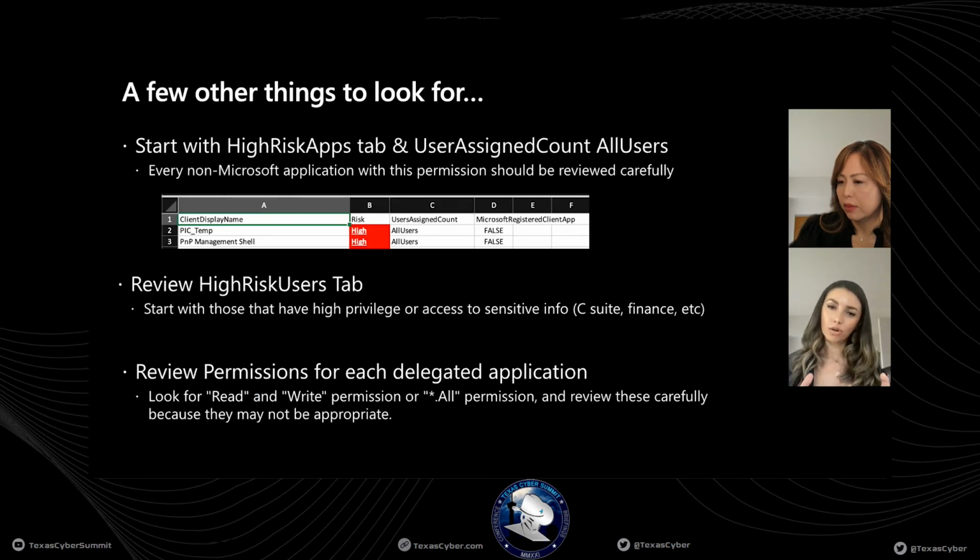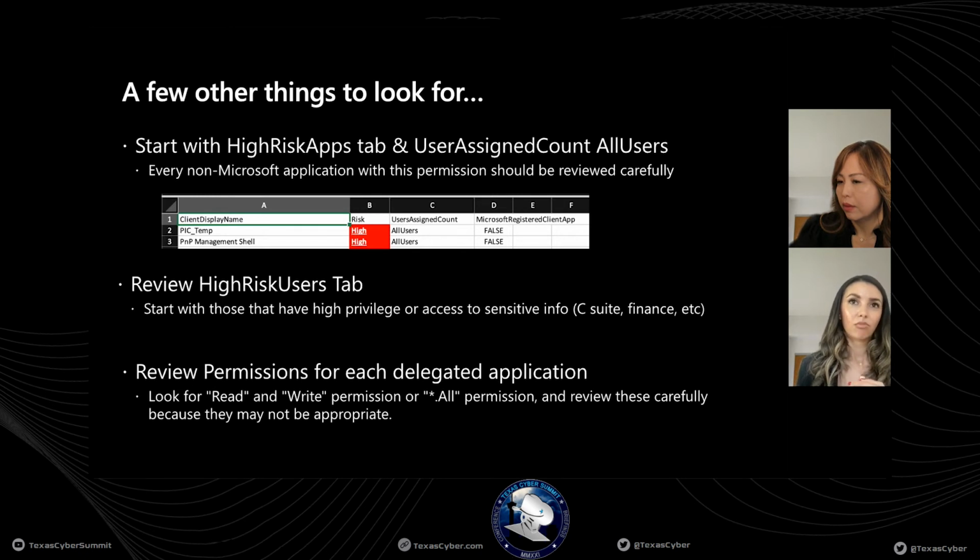Okay, so also related to the export, where do you start? We talked about high-risk apps, that's great, high-risk users, but what else? If you have gone through the list of high-risk applications and high-risk users, what are other IOCs that you can look for?